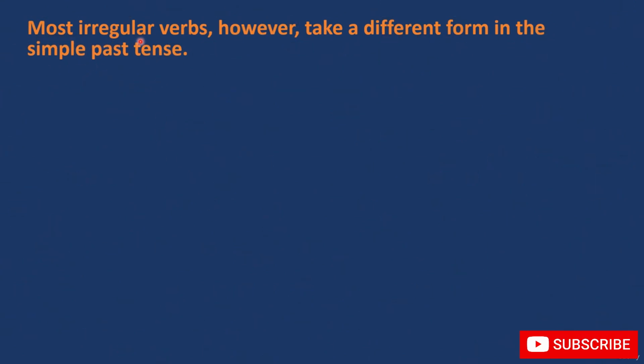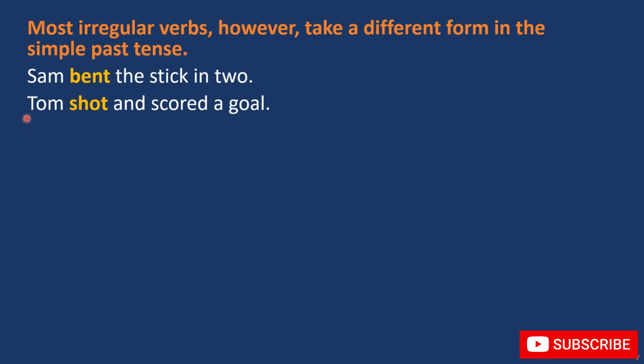Most irregular verbs, however, take a different form in the simple past tense. The present is different from the past, and they are not regular because I do not add ed. They are irregular verbs. Sam bent the stick in two. Tom shot and scored a goal.